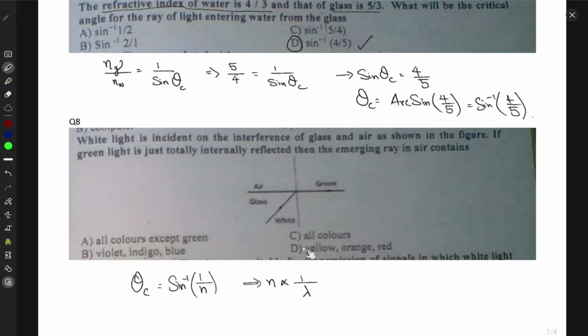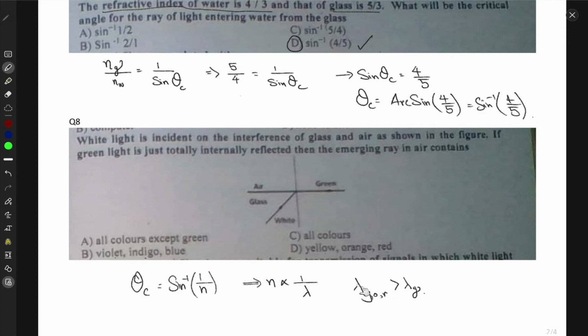We know as a fact that the wavelength of yellow, orange, and red colors is greater than the wavelength of the green light. So this means that the critical angle for these rays of light will be higher.